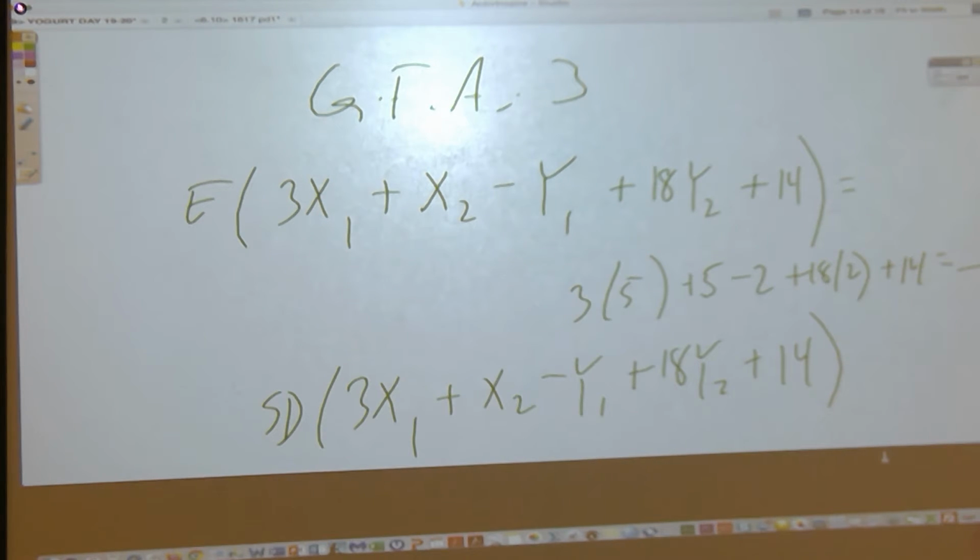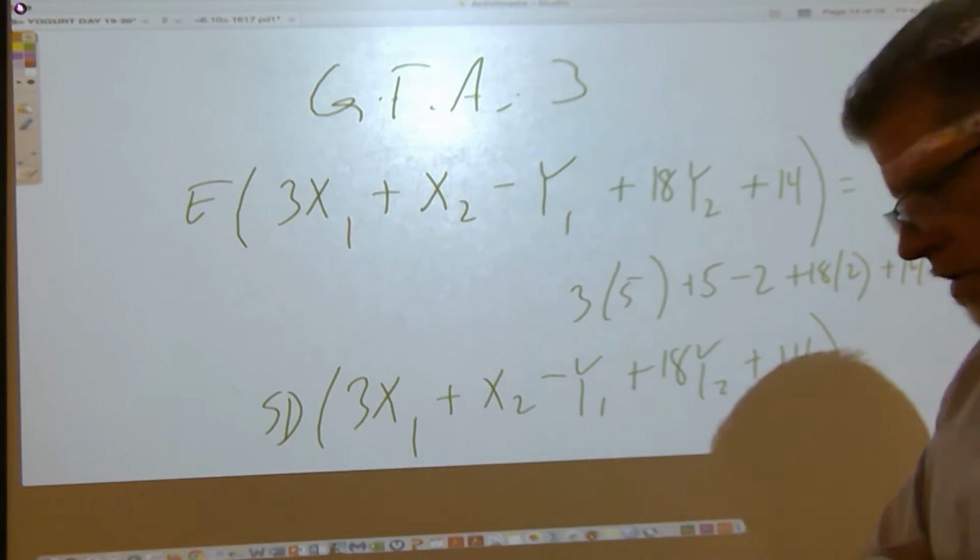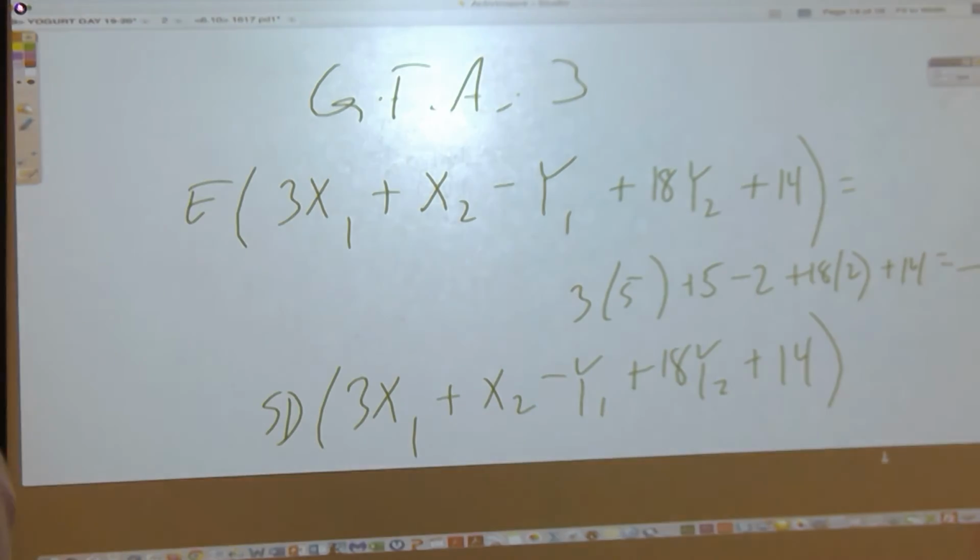I can't read it. No, you're right. You know what you get. Calculator. Yeah, because I don't trust my computer skills. Did you get that, Dan? C. That's what we're going with.